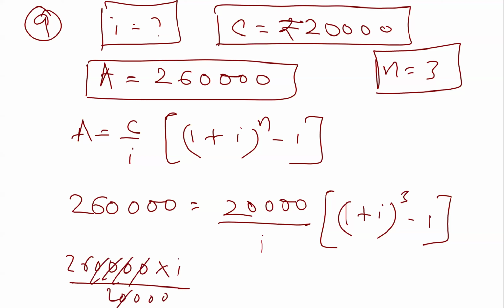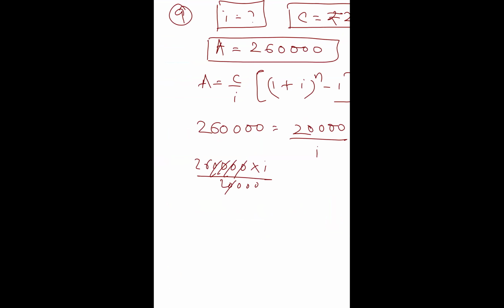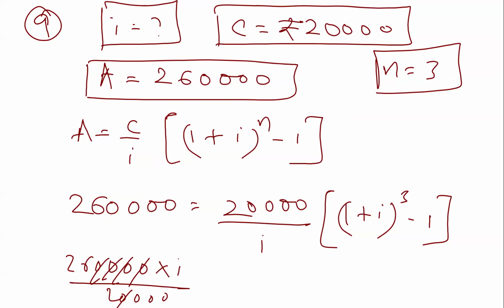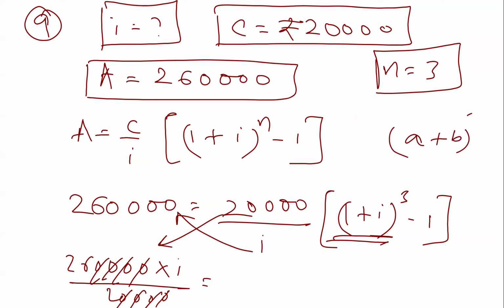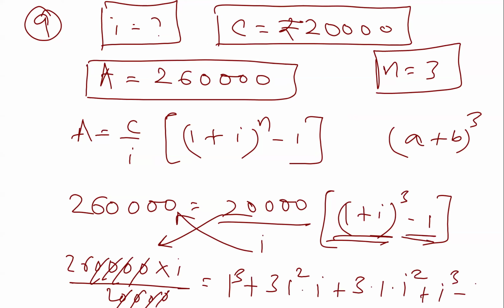So the zeros are getting cancelled. I cross multiplied over here basically. 1 plus I the whole cube, that is A plus B the whole cube. You should know the formula: A cube plus 3A square B plus 3AB square plus B cube, and this minus 1 is also there.